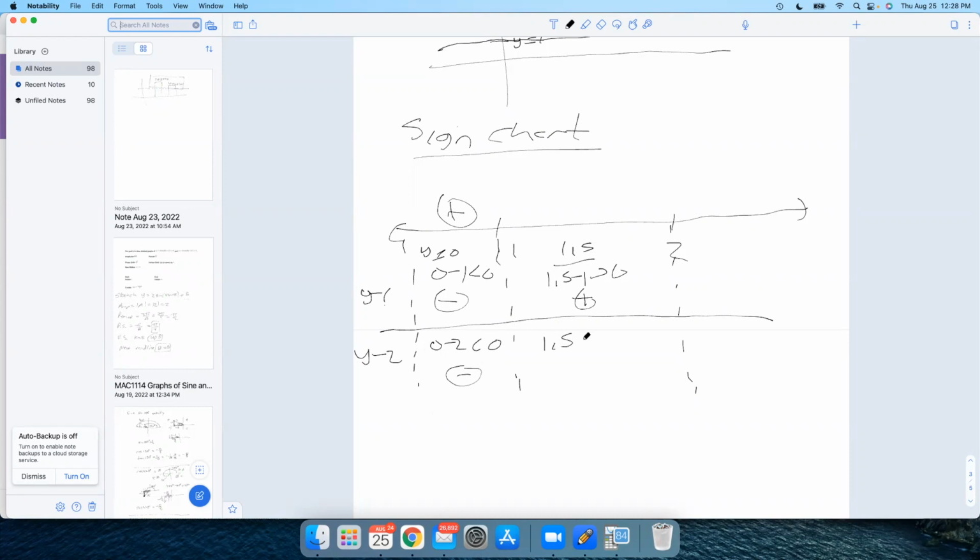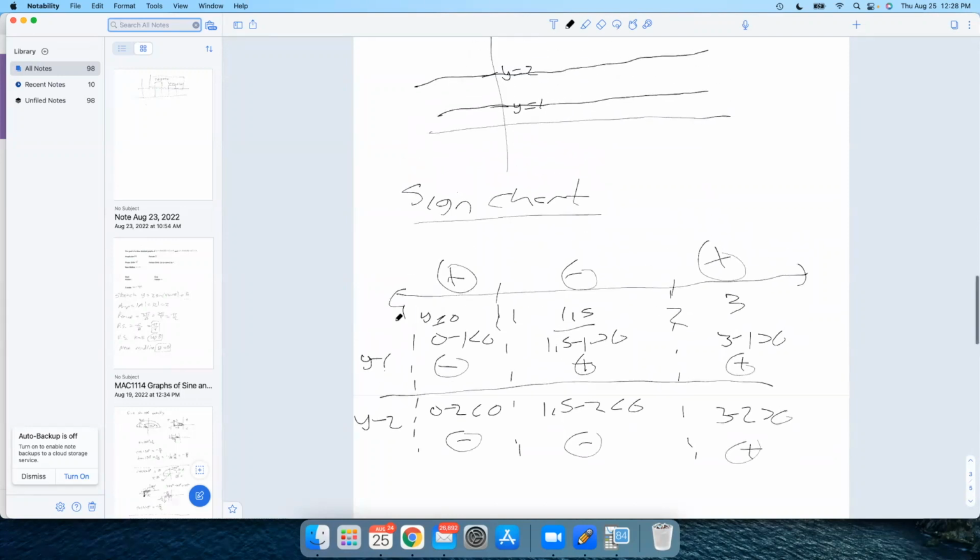But 1.5 minus 2, that's negative. That would be -0.5. A negative times a positive is a negative. And similarly, if I plug in 3, 3 minus 1 is positive, 3 minus 2 is positive. Positive times a positive is a positive.